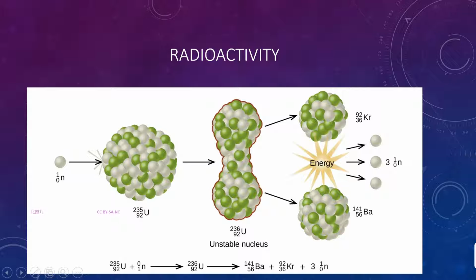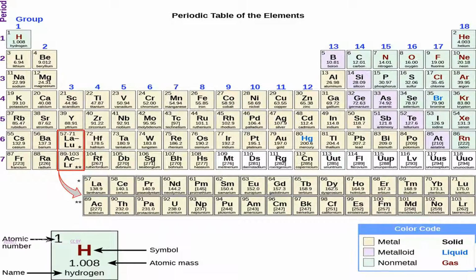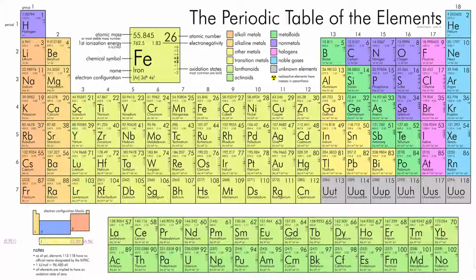Now, a nucleus is the middle part of an atom, and it splits, and there's energy, and it sends some more neutrons flying, which send more uranium breaking, and so on. There's a chain reaction, and it creates a lot of energy. This is called radioactivity. And if some of these get in your body, it breaks your stuff.